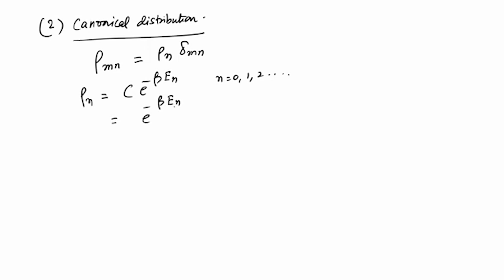So, it is exponential minus beta E_n divided by the sum over n of exponential minus beta E_n.